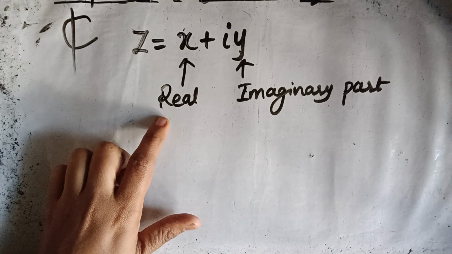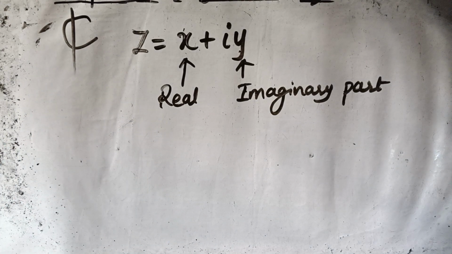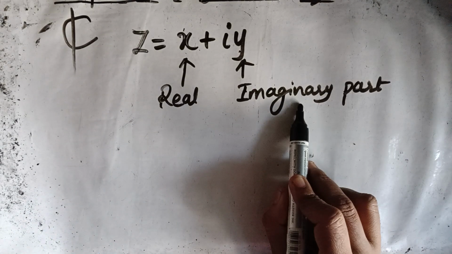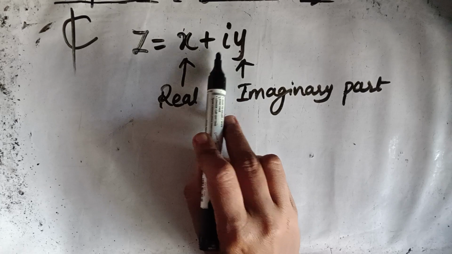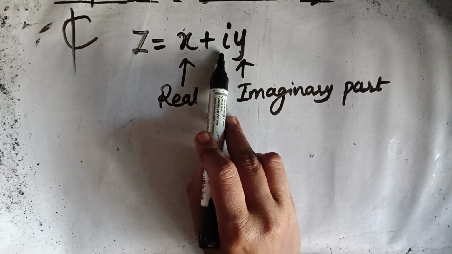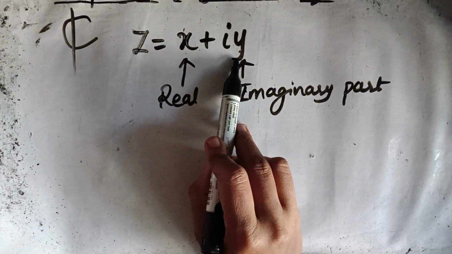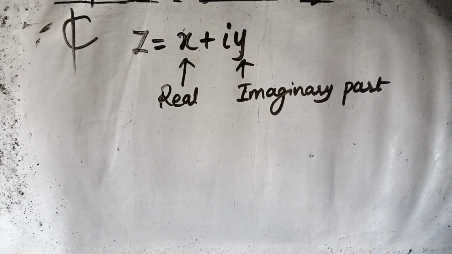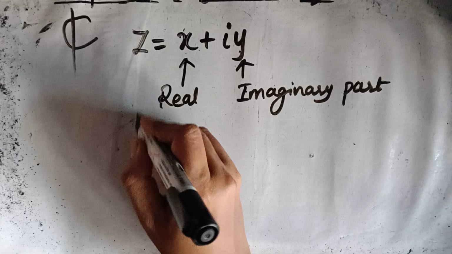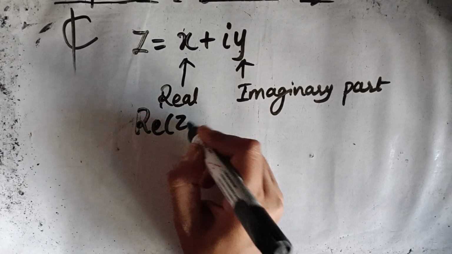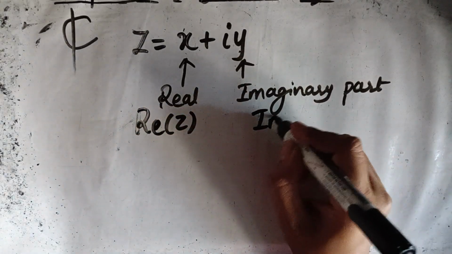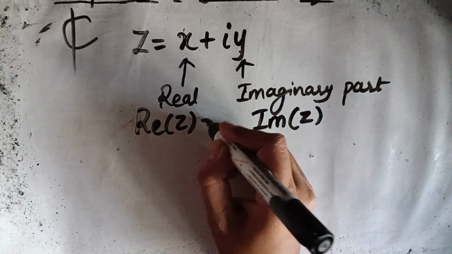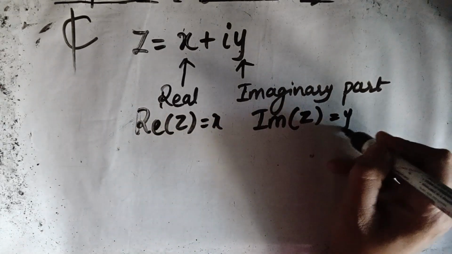So this is the real part and that is the imaginary part. Imaginary part contains only y, not I. Only y is our imaginary part. So the real part is denoted by real part of z and this is the imaginary part of z. So this is x and this is y.